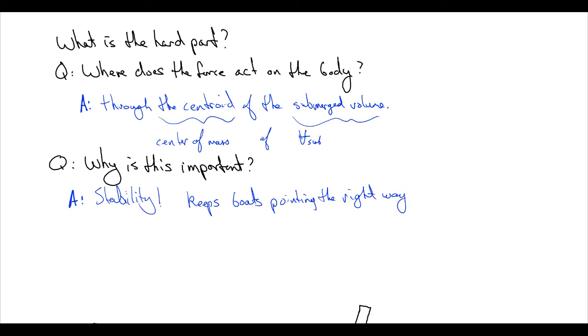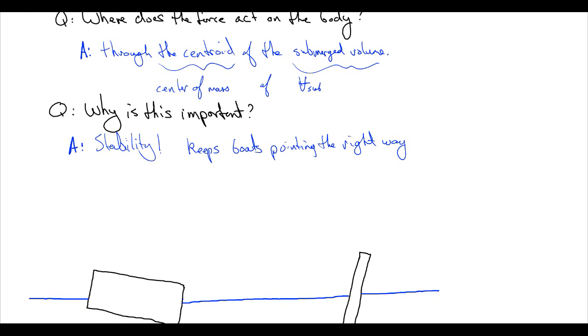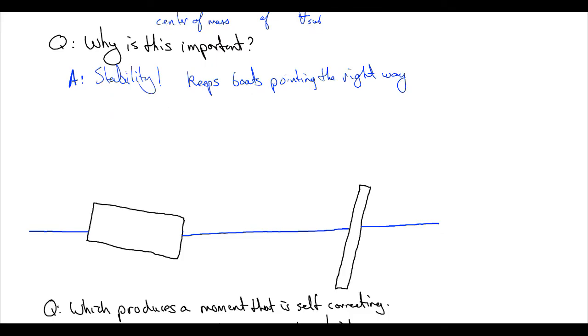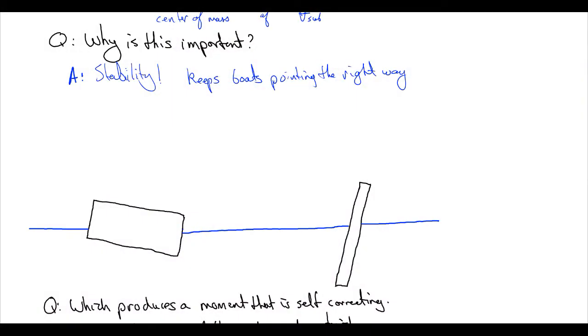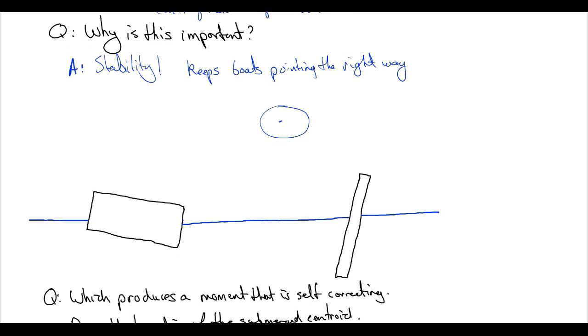Okay? So what ends up happening is that the weight and the buoyant force form a couple. So for any object, let's say we have this, the weight, we would draw weights with red, right? The weight and the buoyant force will form a couple that will cause an object to rotate until those two forces are collinear, right?